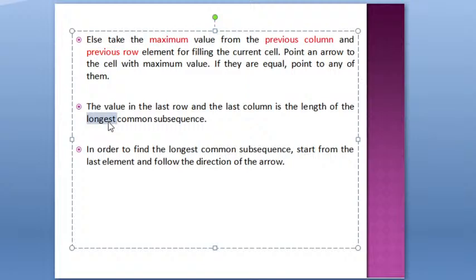Not in characters, whatever length you get will come in your last row and last column. And finally, in order to find the longest common subsequence, start from the last element and follow the directions.